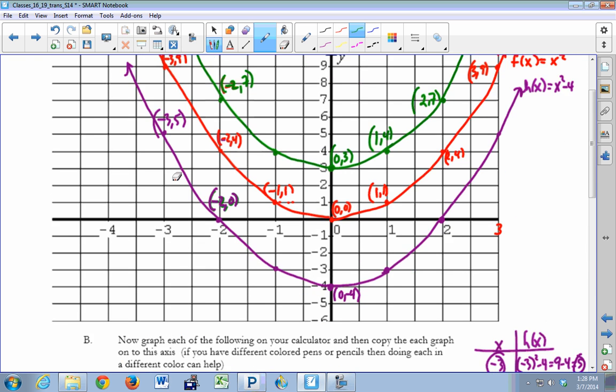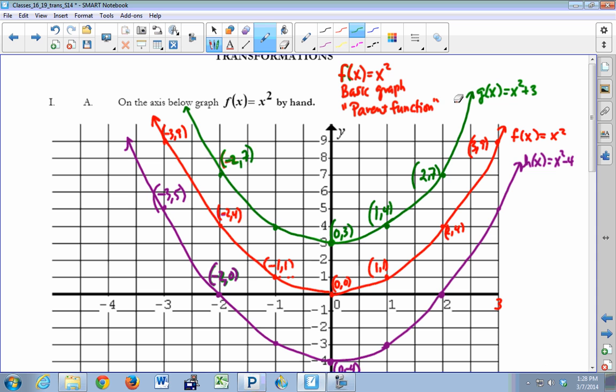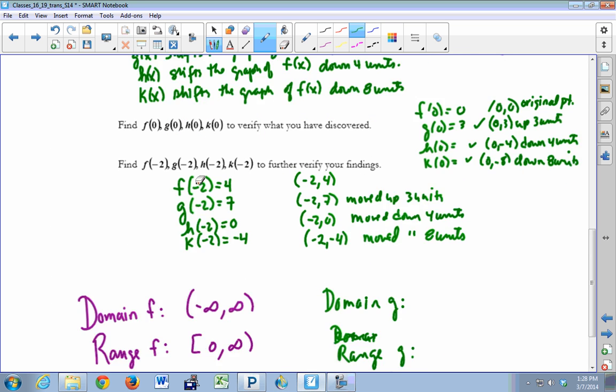So we take a look at the graph, and we see that the domain hasn't changed at all. All x's are still allowed into the function, but the smallest value of my range is now 3, and it continues to go up to positive infinity. So my domain is unchanged.